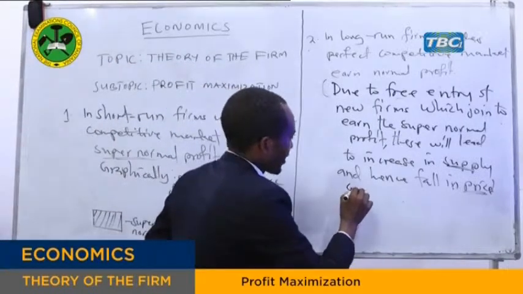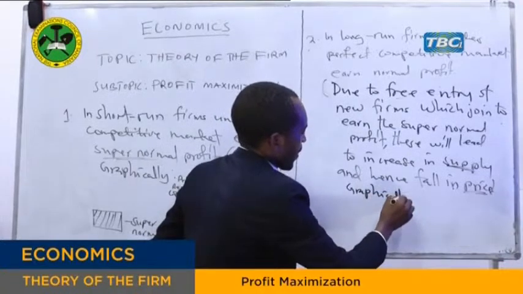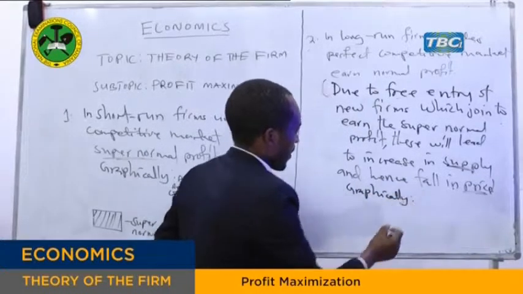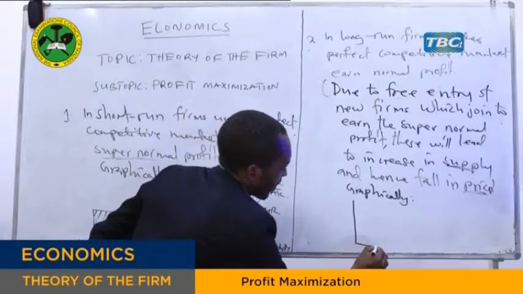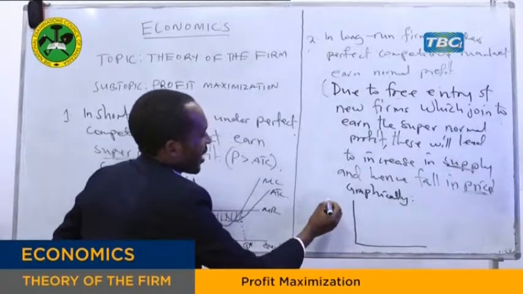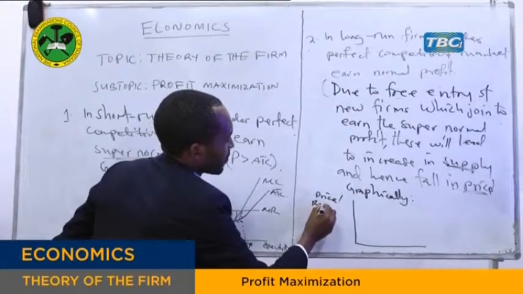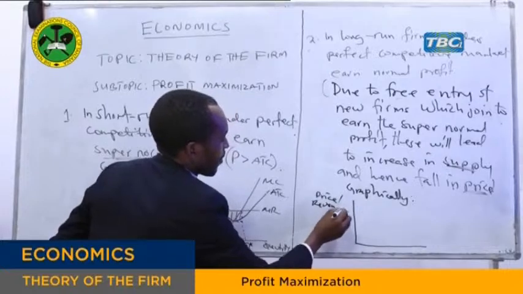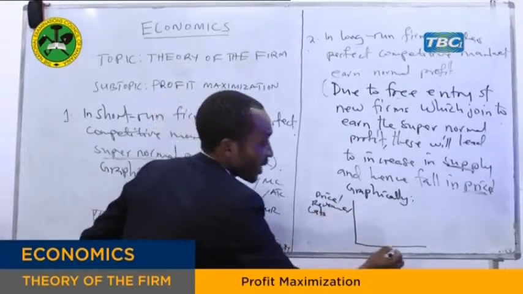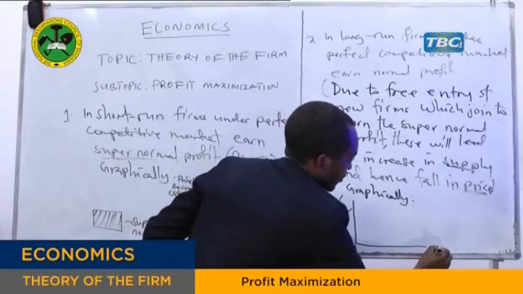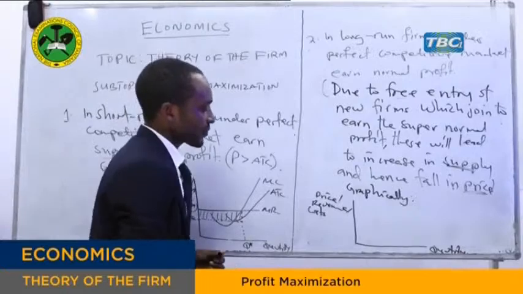So let's say graphically. Here is the price or revenue or cost, and here is quantity.